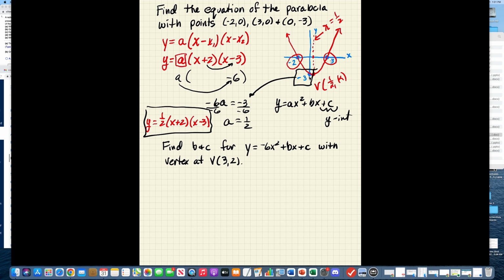The second problem states that we've got to find b and c in our y equals ax squared plus bx plus c format right here with the given vertex. So what I'm going to do here is say my vertex I know is -b over 2a, comma, f of -b over 2a.